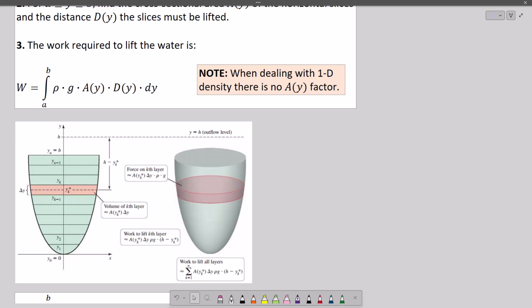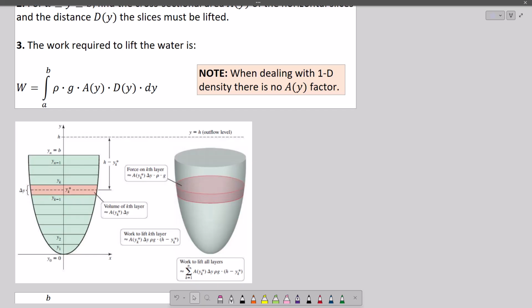But if you pump out the top, this bigger one has less distance to travel, whereas this bigger one here would have more distance to travel if it goes out the bottom. So the work that would be bigger would be the work done by gravity, because this bigger slice would have to travel further. Here, going out the top, the smaller slices would have to travel further instead of the bigger slices. So that's kind of an idea of why the work coming out the bottom would be bigger in magnitude than the work coming out the top. If it was a cylinder, the works would be equal, if you had that symmetry, if all the slices were the same.